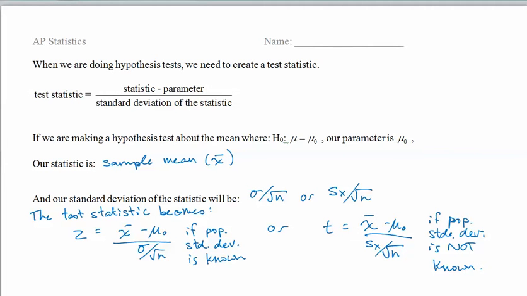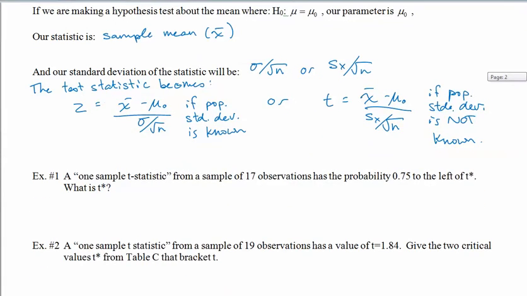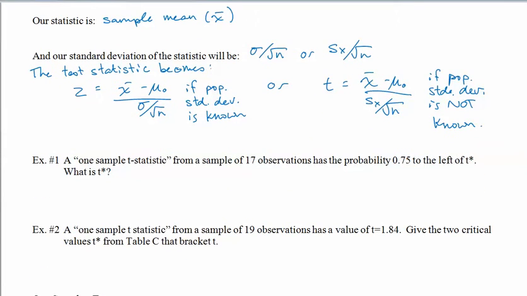Okay, so you might be asked to calculate the test statistic. Example 1: a one sample t-statistic from a sample of 17 observations has the probability 0.75 to the left of t asterisk.